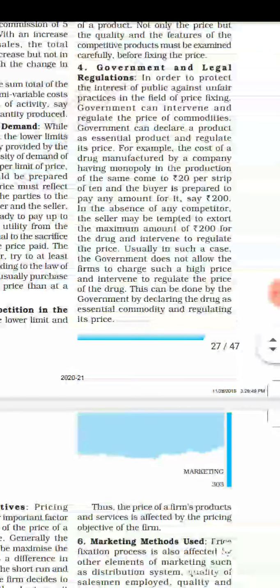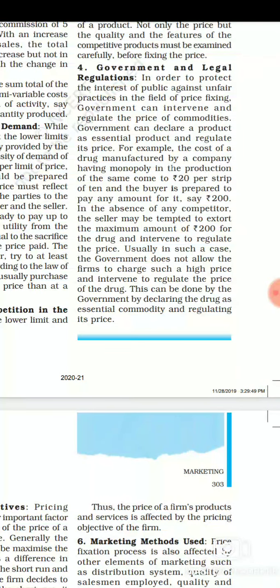Next is government and legal regulations. Now there are certain rules and regulations and legal acts which have been made from the government side also, so that unfair practice related to price fixing cannot be done with the customer.